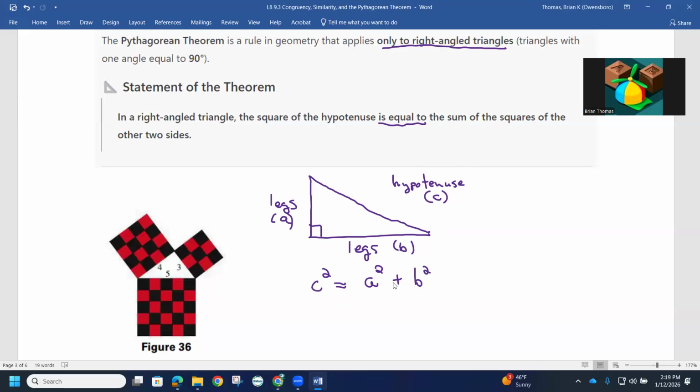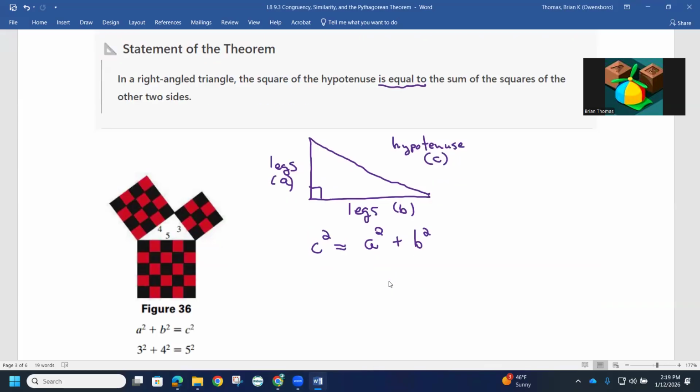So in geometry, squaring a side also implies area if you talk about a square. So notice how here's the right angle in our drawing. So 5 would be the hypotenuse. So 5 squared also implies the area of a square.